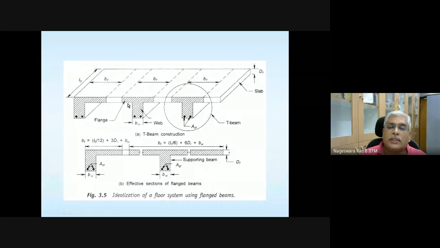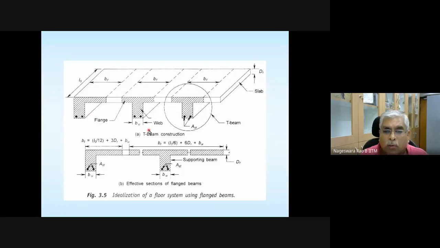So if you see this T section or L section, in addition to what we have studied so far, the rectangular cross section, we have this flange. So this part is called flange, and this is the web. Similarly, this is the flange and this is the web of an L section.